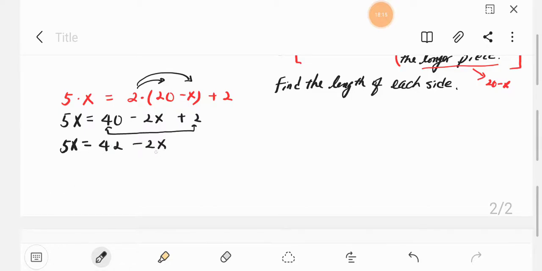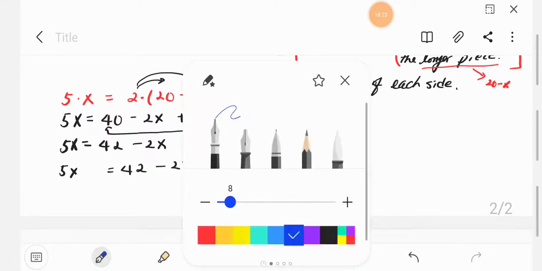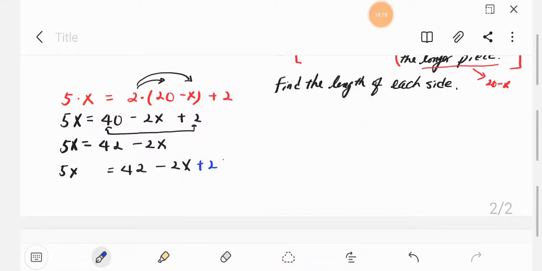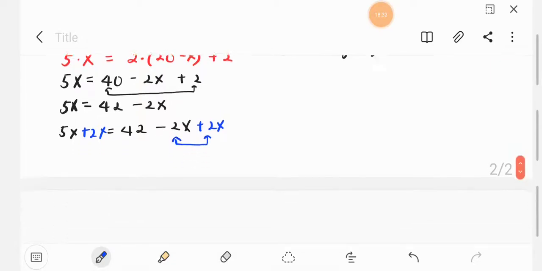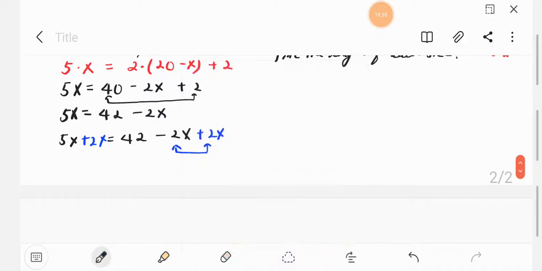Now the x terms are separated, so why don't we move minus 2x to the left by adding 2x to each side. Minus 2x plus 2x becomes 0.